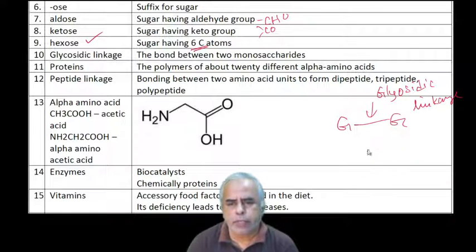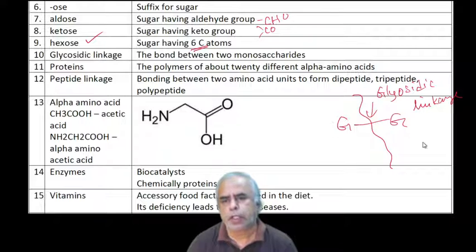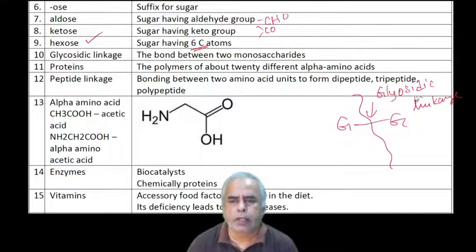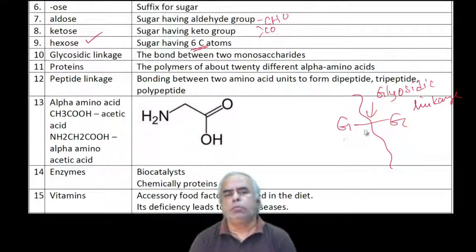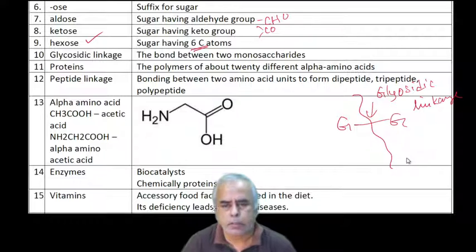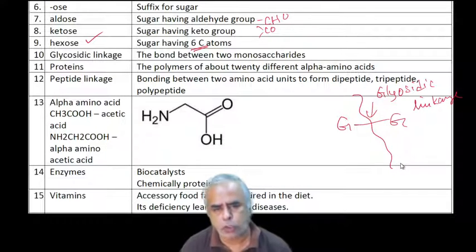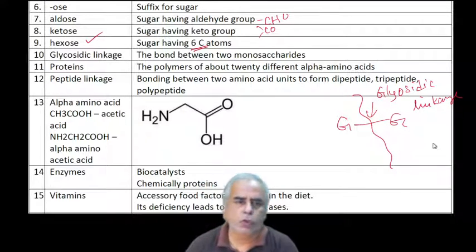Usually we can break this bond, and that is why we say the breakage of glycosidic linkage, and thereby we can get back the monomers. If it is a dimer, we can break the glycosidic linkage so that we can get the monomer.